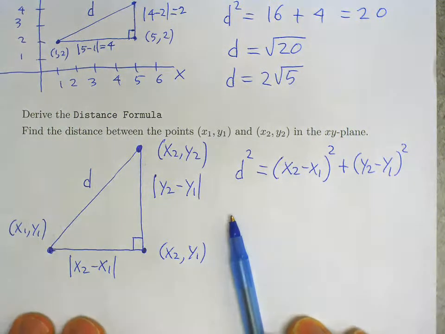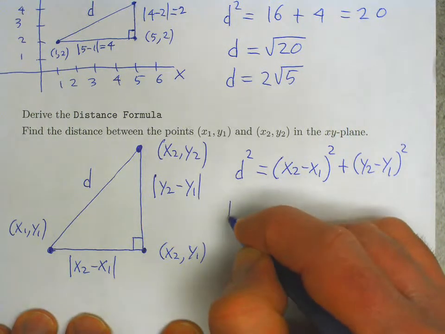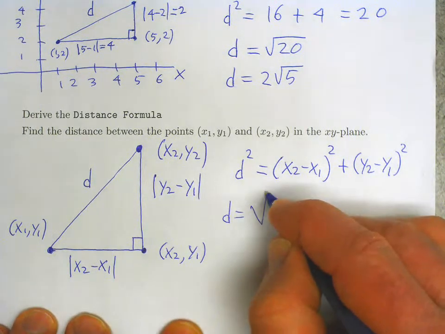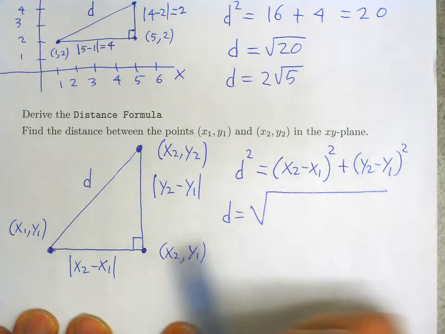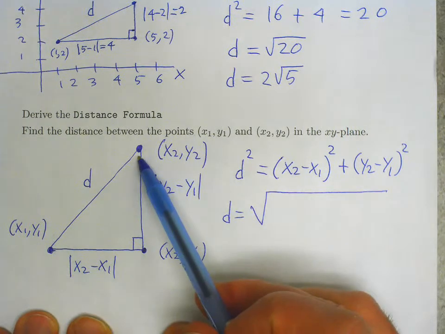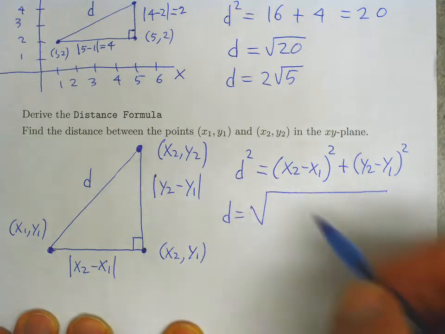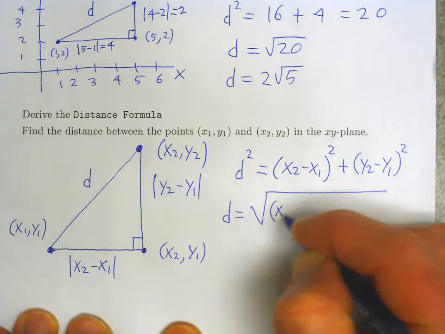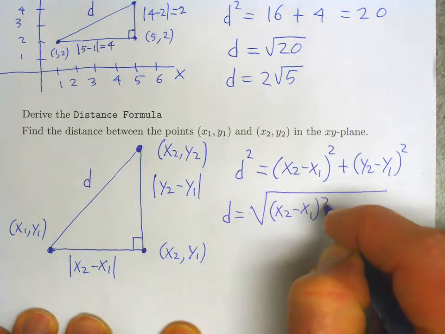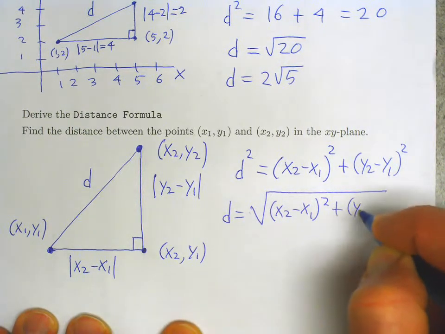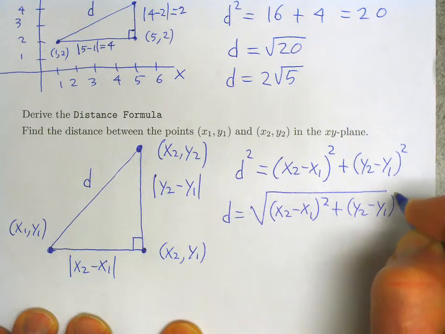And the distance is the positive square root of the right-hand side. So the distance between x1, y1 and x2, y2 is the positive square root of x2 minus x1 squared plus y2 minus y1 squared.